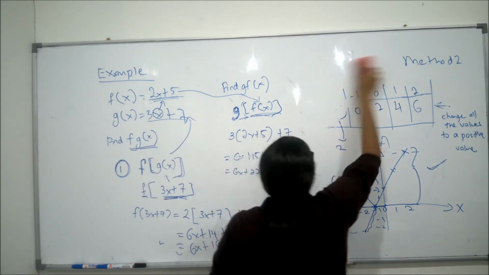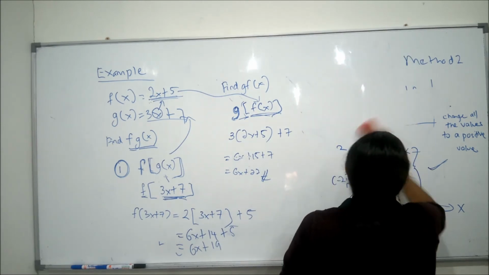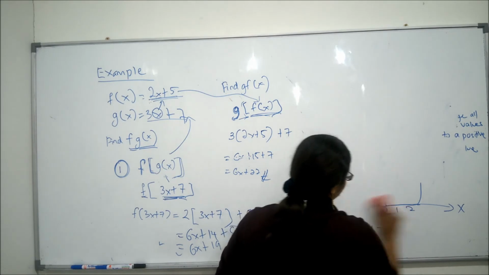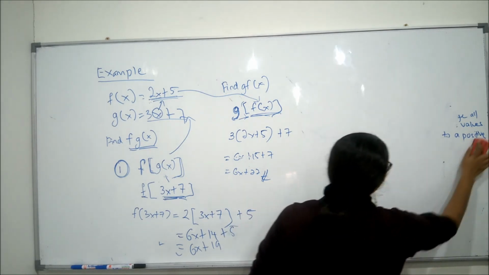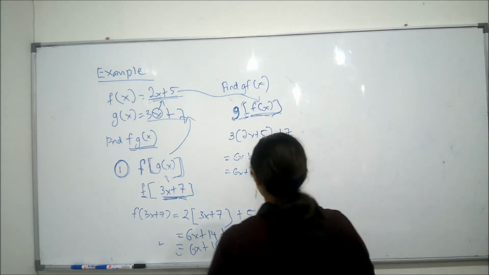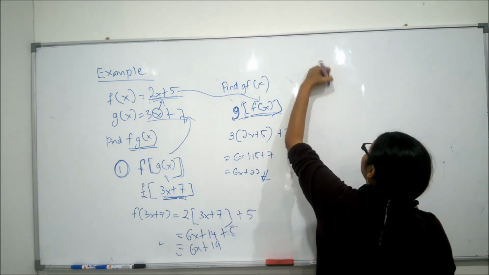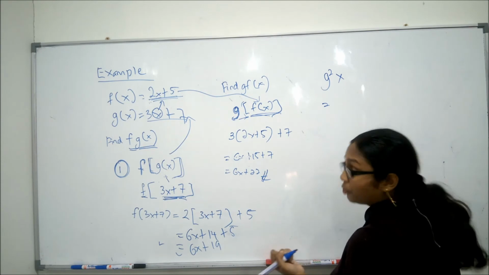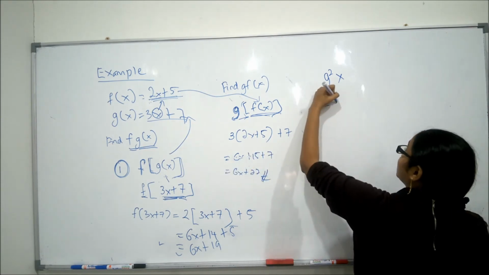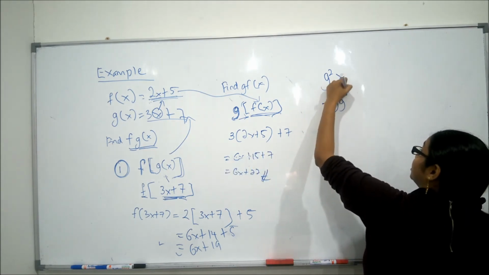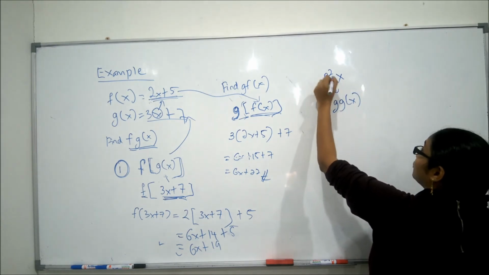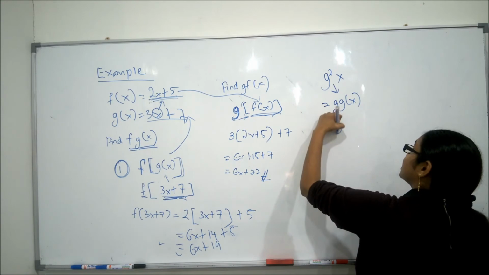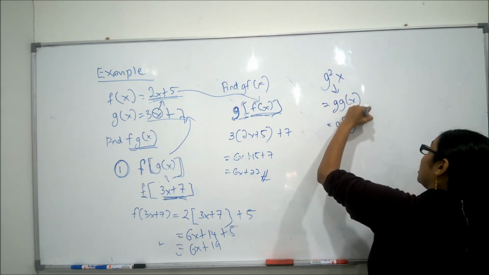Another one more composite function example. Hope it's going good so far. Let's look at another example: g squared x. How do you find the answer for this? g(g(x)). You have to rewrite this into g(g(x)). Next step would be placing a square bracket.